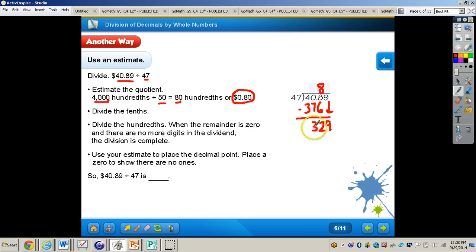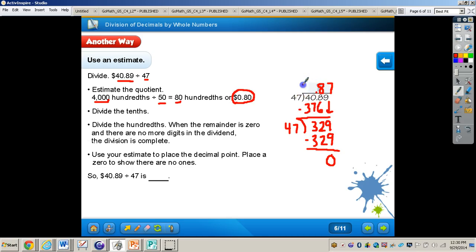And we start everything over again. 47 into 329 is going to go 7 times. Then we multiply. 7 times 47 is 329. Then we subtract. 329 from 329 is going to give us 0. We need to place our decimal point right above, right where it is within our problem here.